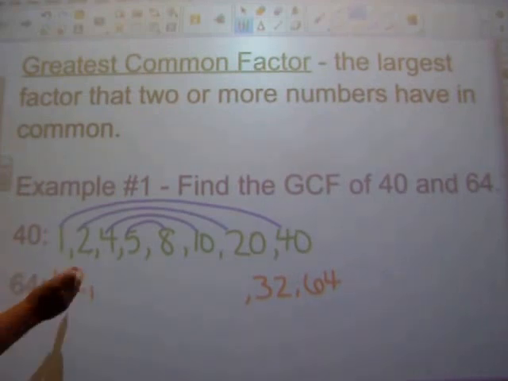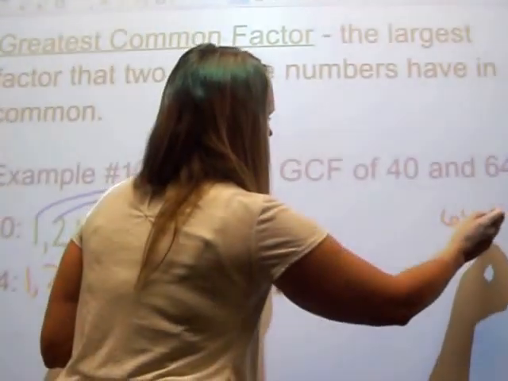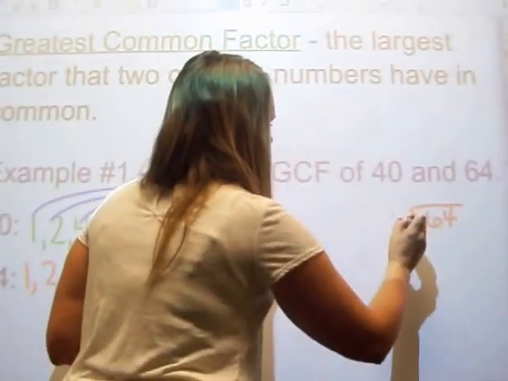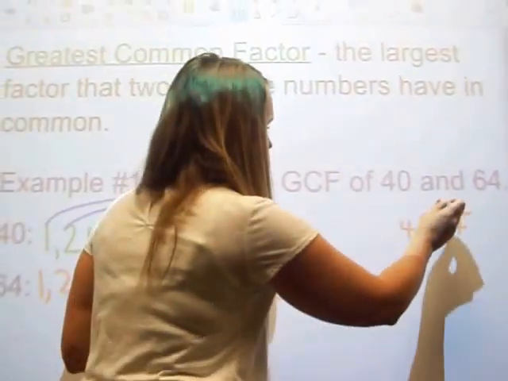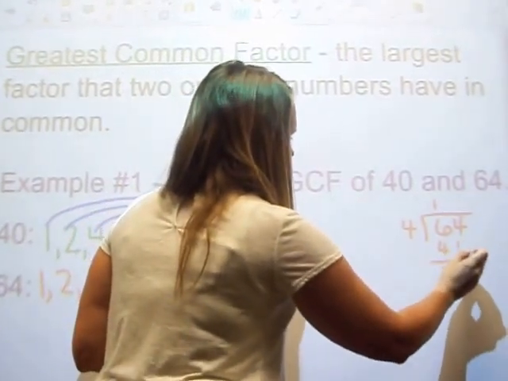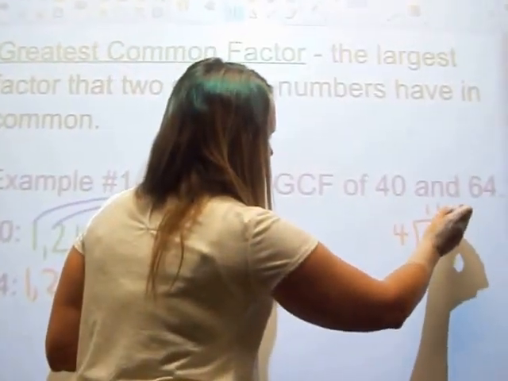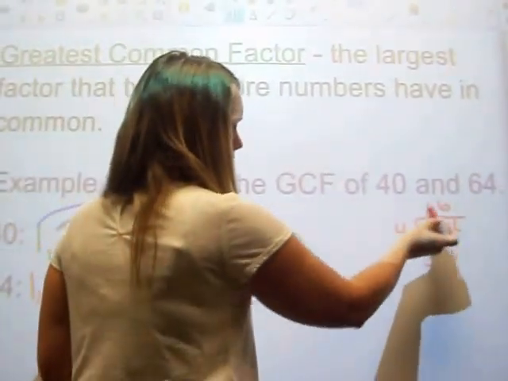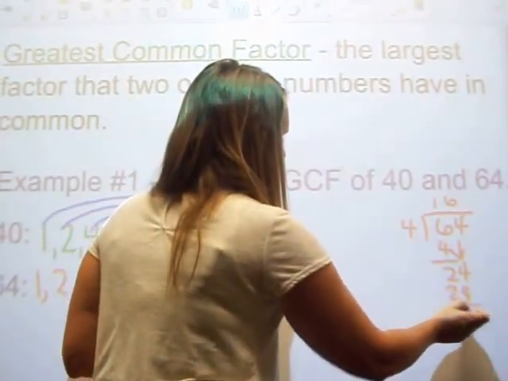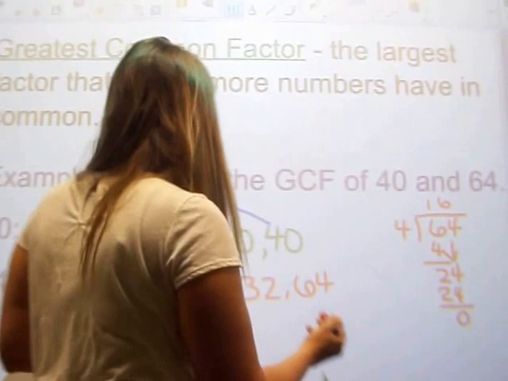4. Okay, so let's test 4. 64 divided by 4. 4 goes into 6 one time, with 2 left over, and 4 goes into 24 6 times. So that means 4 times 16 is 64, and we have none left over, so we know that is a factor pair.